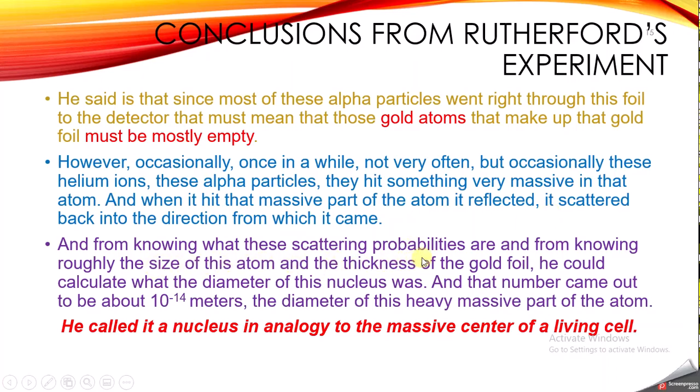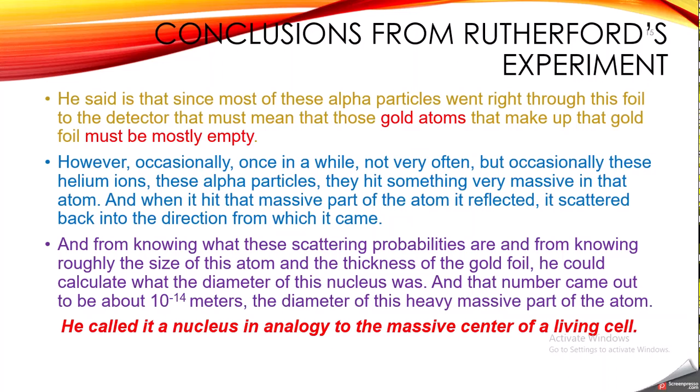So now, from knowing these backscattering probabilities, and from knowing the size of the atom and the thickness of the gold foil, he could calculate the diameter of the nucleus. So he called that something which is present in the atoms of the gold, which are backscattering the alpha particles, a nucleus, and he calculated the size of that nucleus from the knowledge of the scattering probabilities, the size of the gold atoms and the thickness of the gold foil.